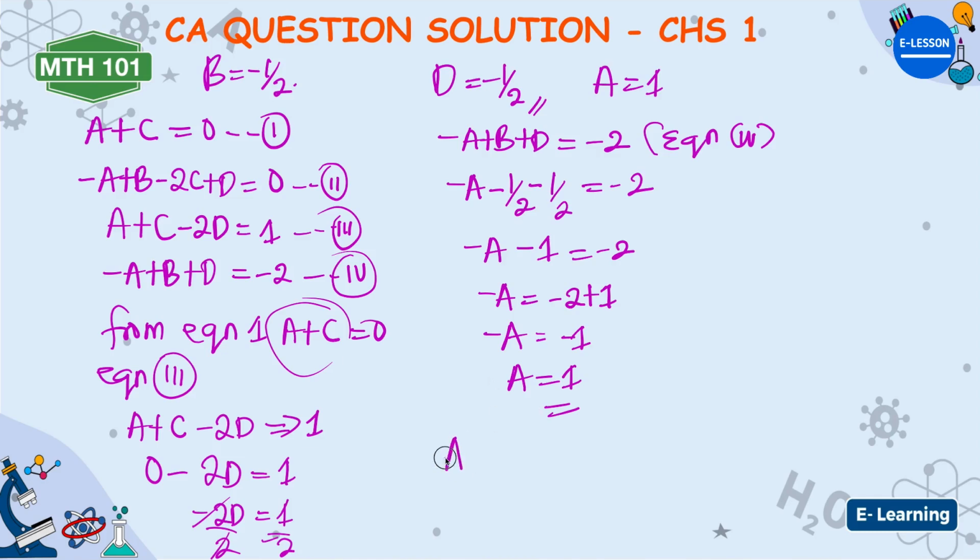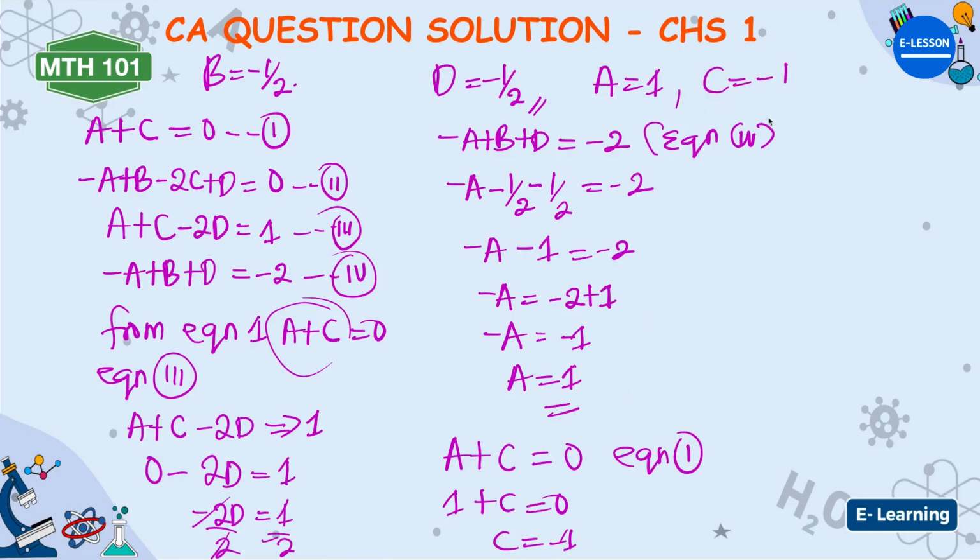Now, if a is equal to 1, what is the last thing we are looking for? C. But we said a plus c is what? 0, from equation 1. So if a is 1, 1 plus c will be equal to 0, and c will be equal to minus 1.